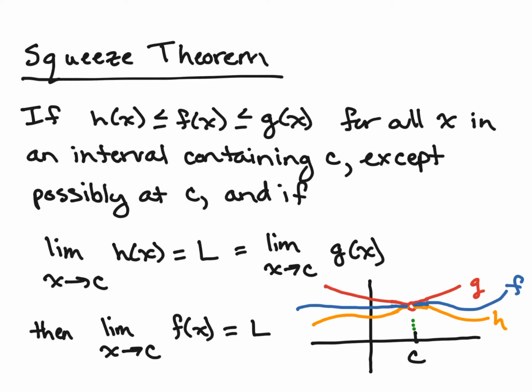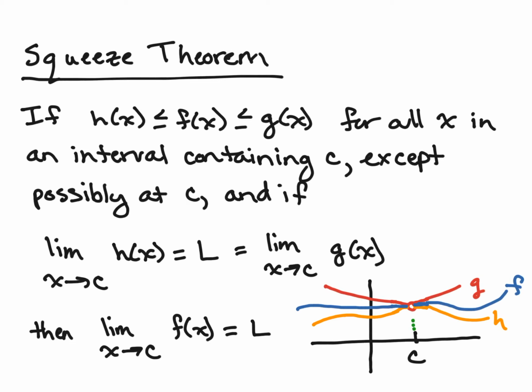So what it says is if I have a function that is in the middle of two other functions for all values of x, except maybe the one at x equals c, maybe there's a hole there or a jump discontinuity or something like that.